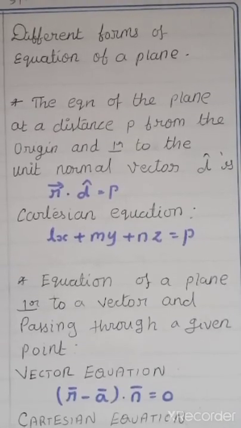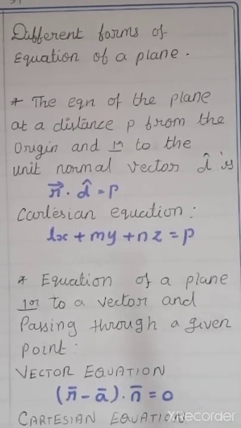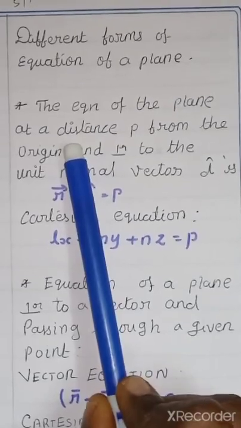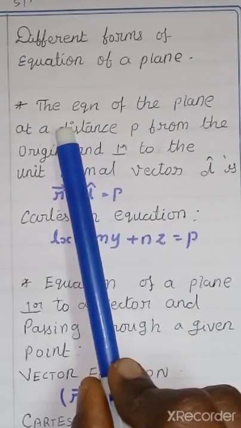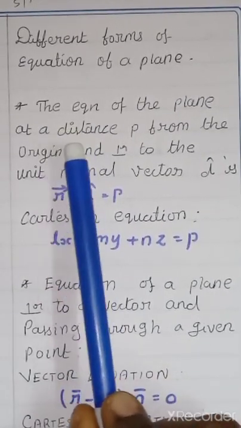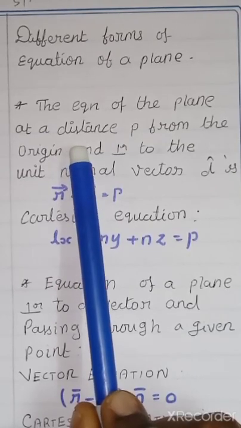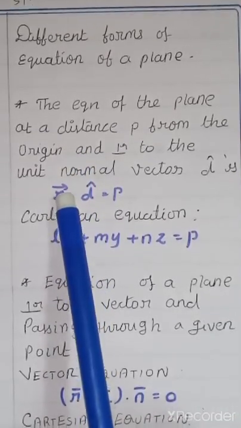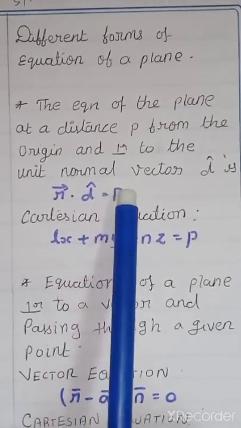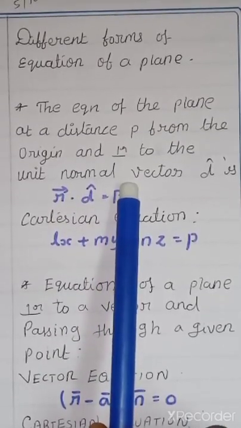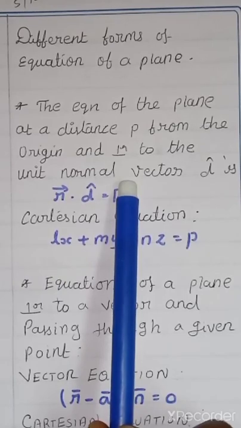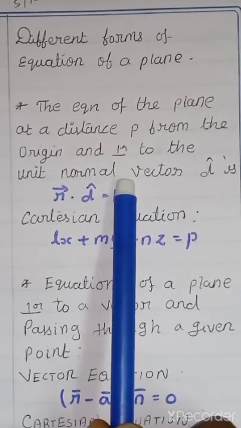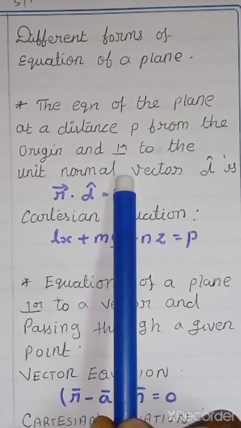Okay, so different forms. In that, the first form is the equation of a plane when a normal to the plane and the distance of the plane from the origin are given. So in this equation of plane, what will be given? One normal to the plane and a distance will be given.